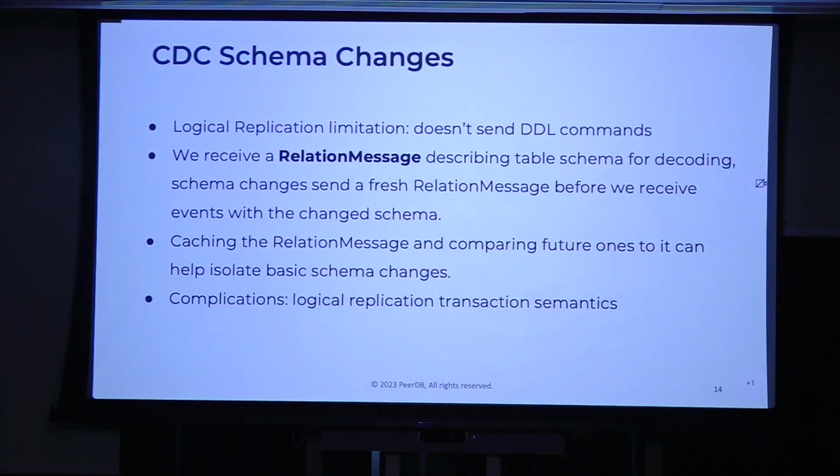By just reading the relation messages, we can apply the delta: add the new column to the destination, or drop a column from the destination. So we are just using existing capabilities of the Postgres logical replication protocol to do basic schema changes. We can't do complex ones.